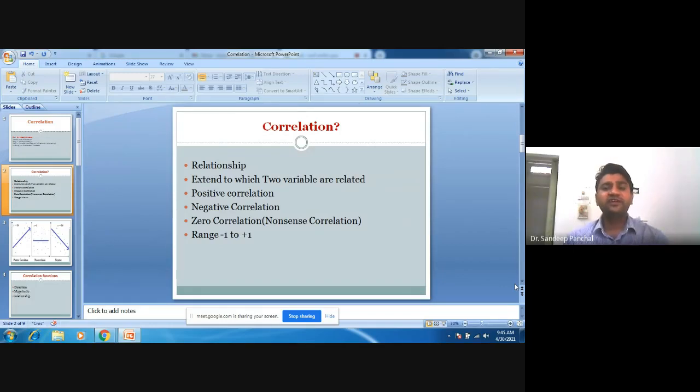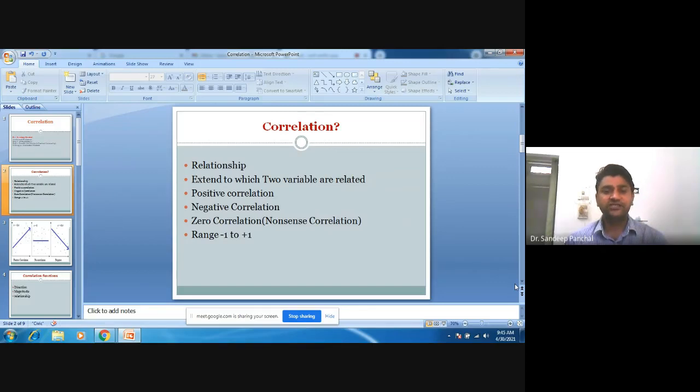So what will be the range of correlation? How can we estimate the range of correlation? The correlation range starts from -1 to +1. -1 means the perfect negative correlation between the variables, and +1 means the perfect positive correlation between the variables.